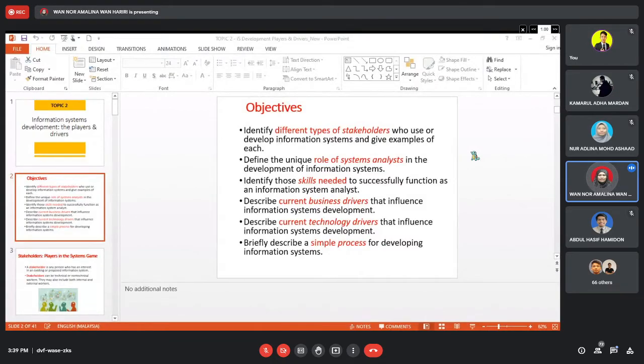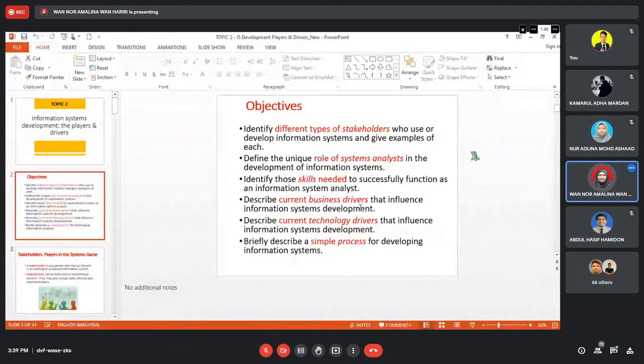Now, not only do you need to have the technical skills, to be a good systems analyst in this role, you also need to have soft skills. That's what we call it in the university. The soft skills whereby you are able to communicate and interact with people, not only to communicate and interact with the system.